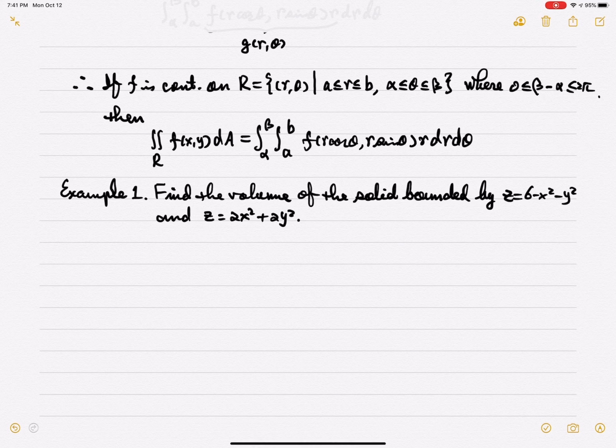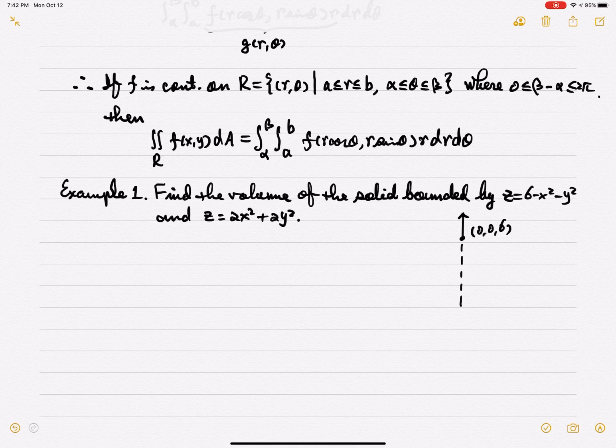Okay, so let's draw the graph first. Here we say this is the axis. Now you see the first curve, when x equals 0, y equals 0, z equals 6, so (0, 0, 6).